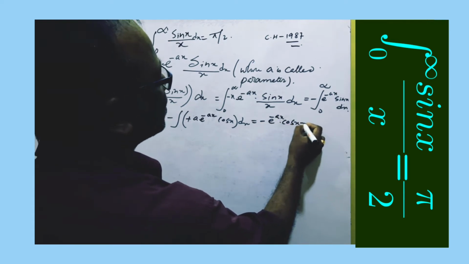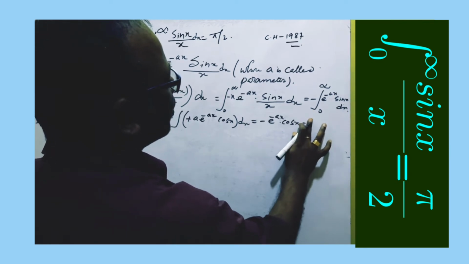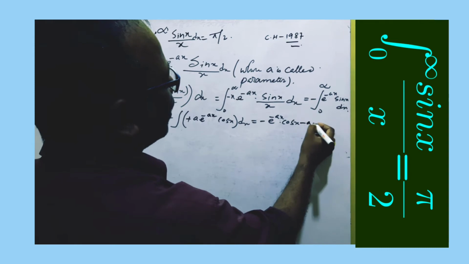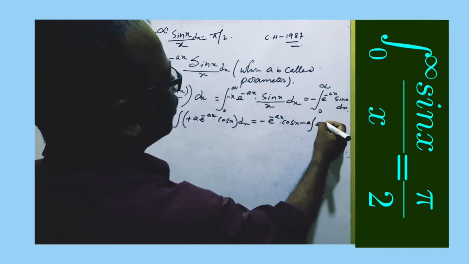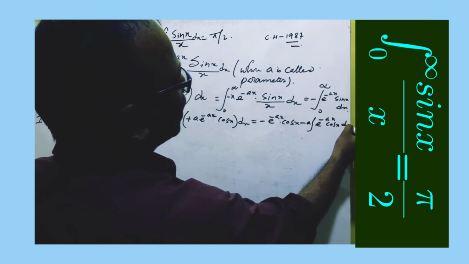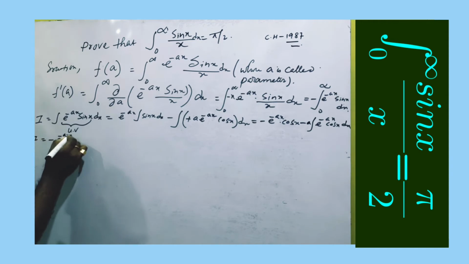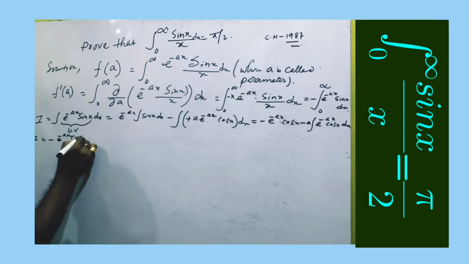Integrating sin x, we get minus cos x. So I is minus e to the power minus ax cos x minus a into integral of e to the power minus ax cos x dx.